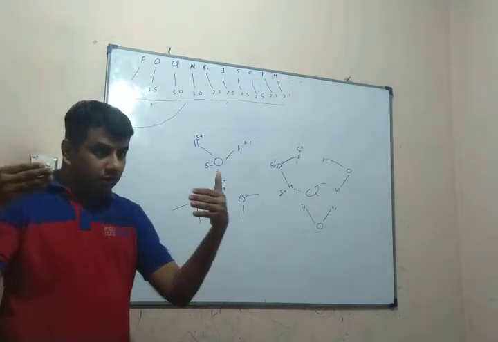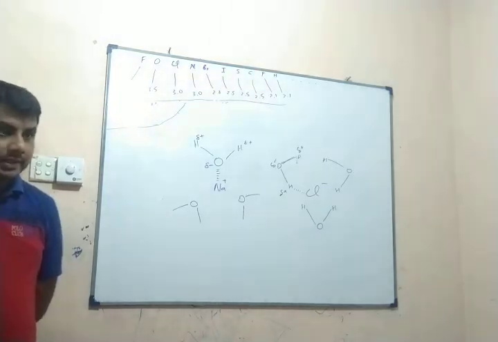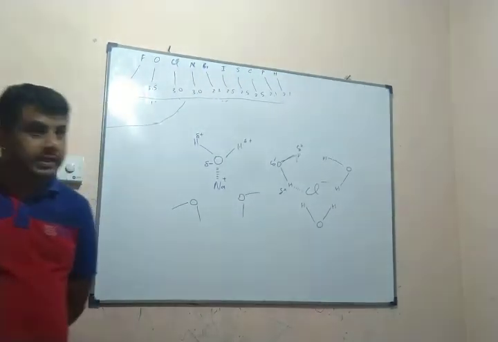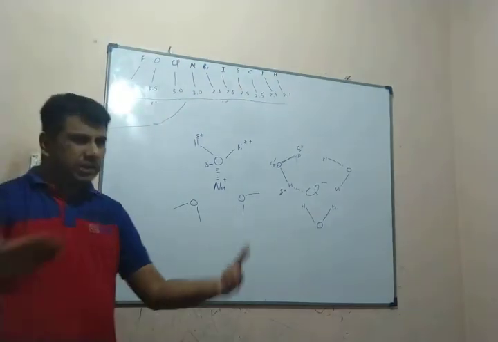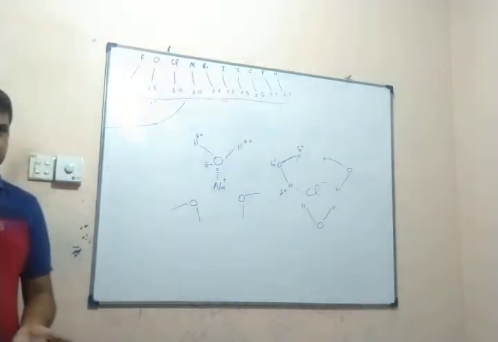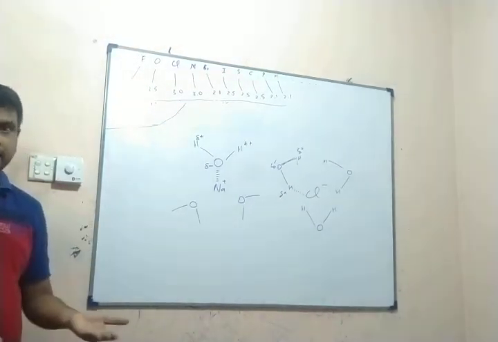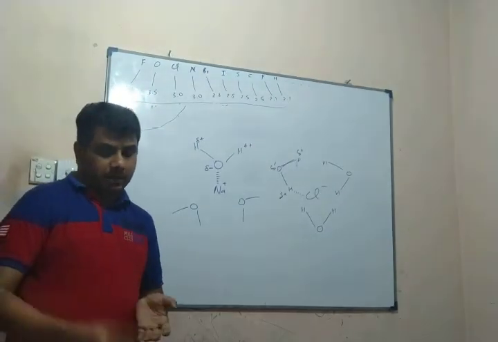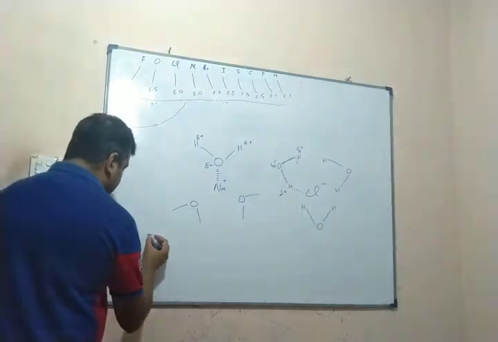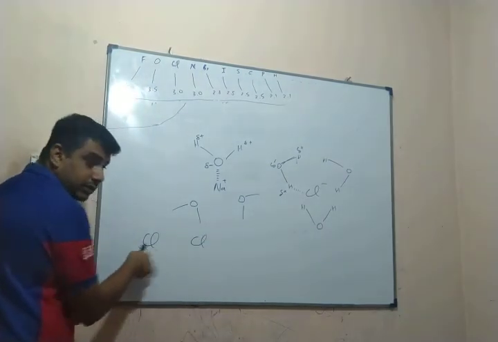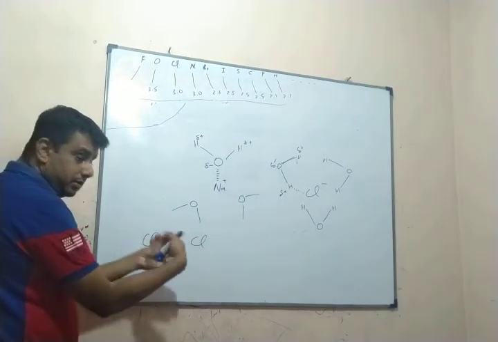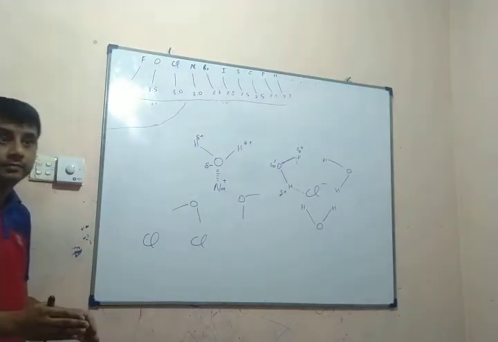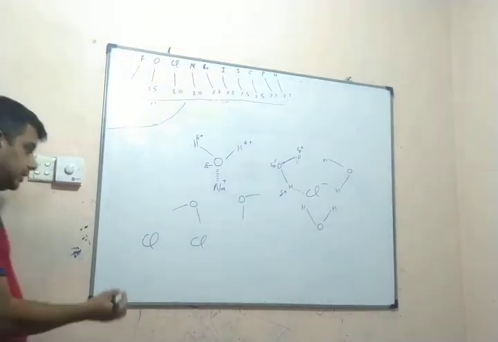Because bond formation is energetically favorable. Why is a bond formed normally? To attain stability. See, a chlorine atom is unstable because it has 7 electrons. A bond is formed between two chlorine atoms and Cl2 is formed.